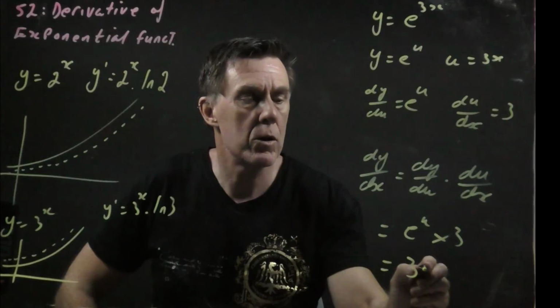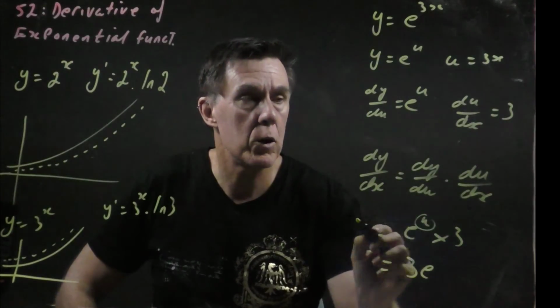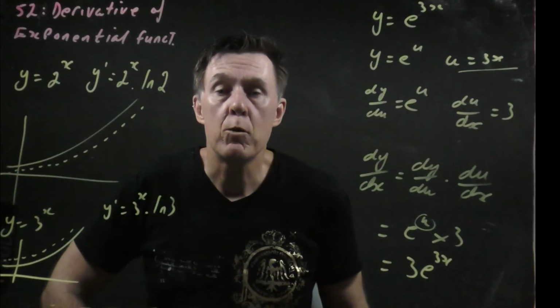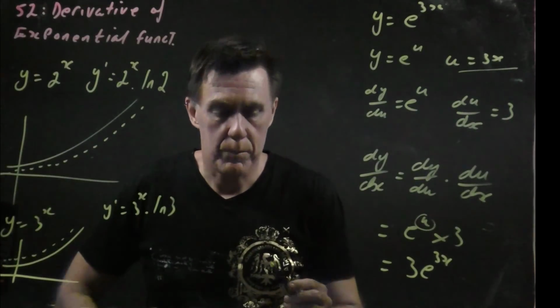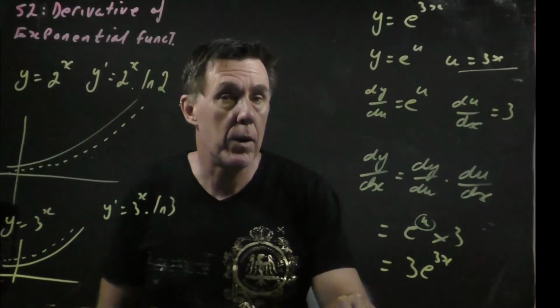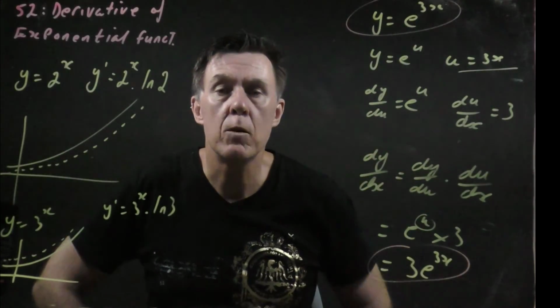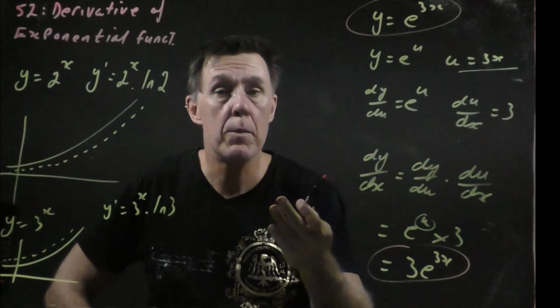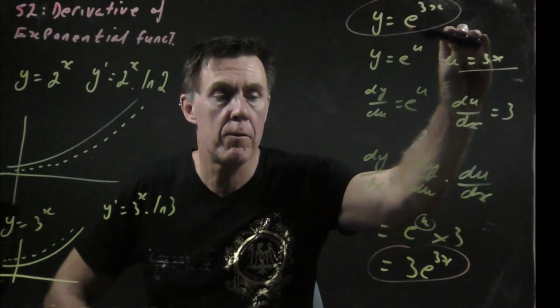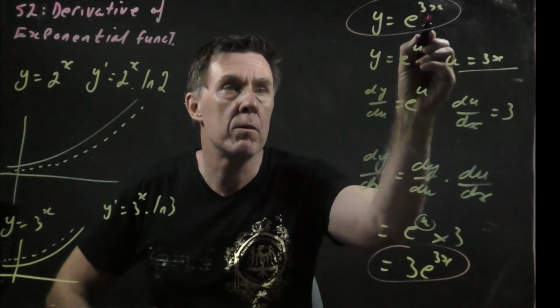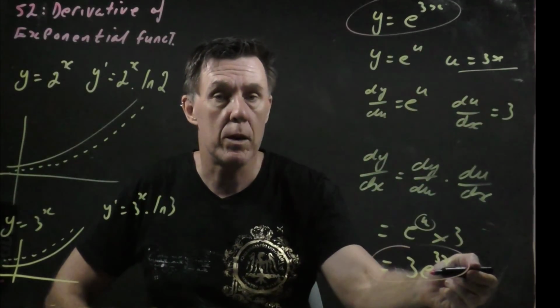So that's 3 lots of e to the power of, take u out, put its value back in. There's our derivative. So let's have a note. You should be able to, by inspection, go from the question to the answer in one step. On the exam, I'm going to expect you to do at least one fully worked chain rule to show this, but I'd like you to be able to look at that and go to that in one step.